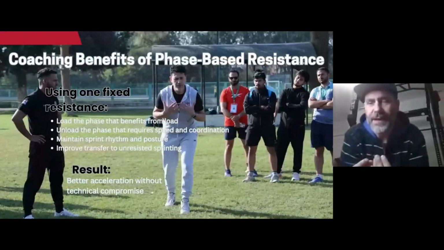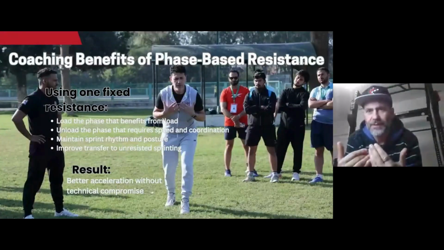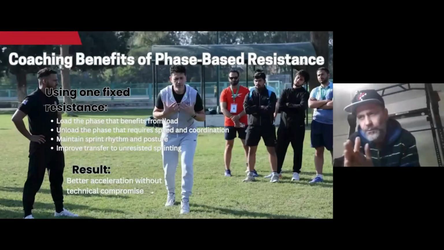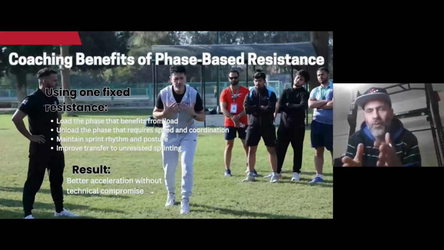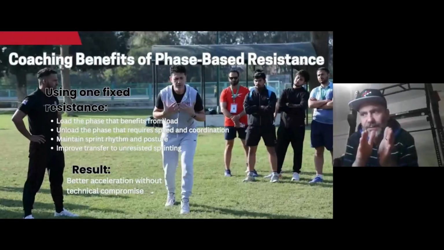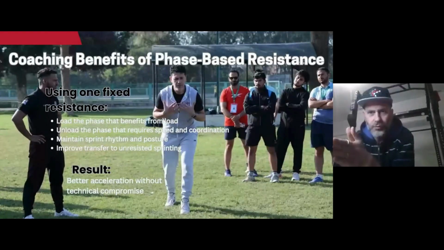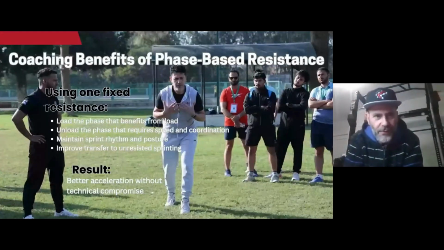It reduces the risk of over-leaning of the athlete in the upright sprinting phase, or over-pushing, and allows us to individualize resistance based on the athlete's profile. It also creates more consistent outputs because the athlete isn't fighting excessive load in the later steps.